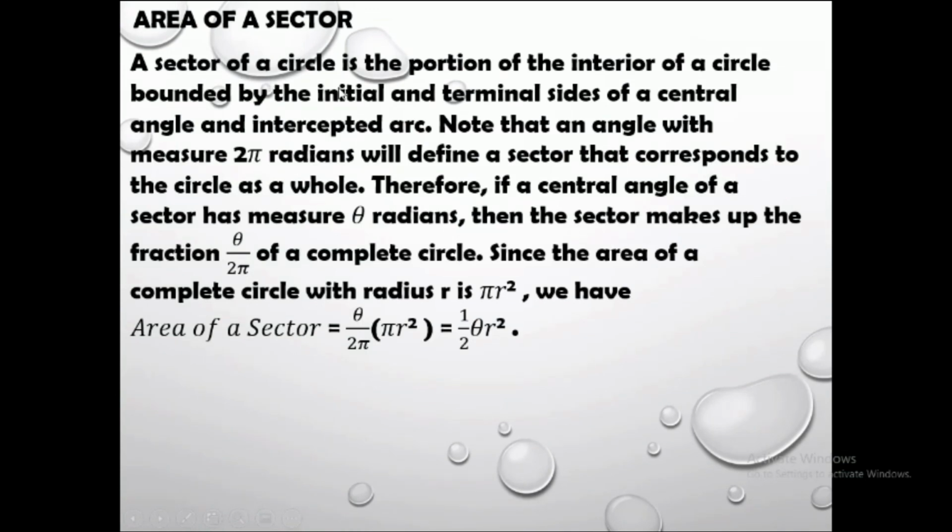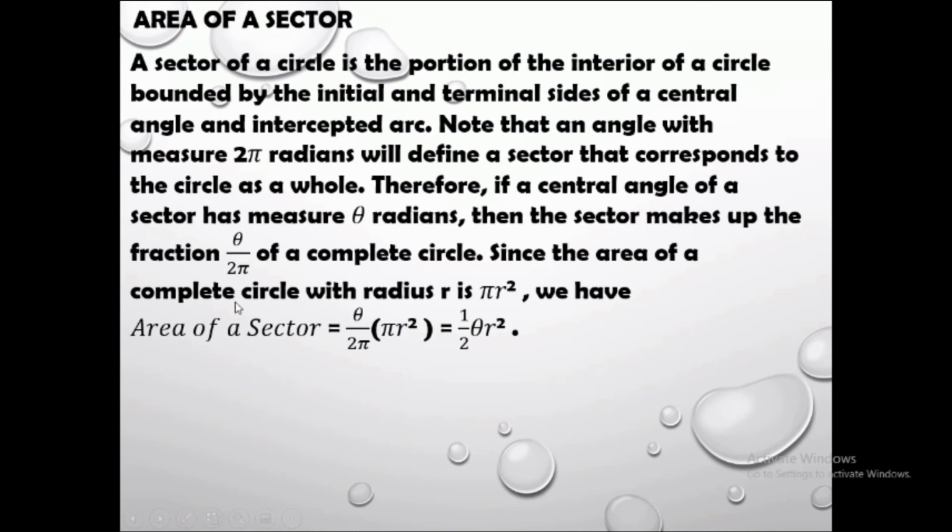Area of a sector. A sector of a circle is the portion of the interior of a circle bounded by the initial and terminal sides of a central angle and intercepted arc. Note that an angle with measure 2 pi radians will define a sector that corresponds to the circle as a whole. Therefore, if a central angle of a sector has measure theta radians, then the sector makes up the fraction theta over 2 pi of a complete circle.